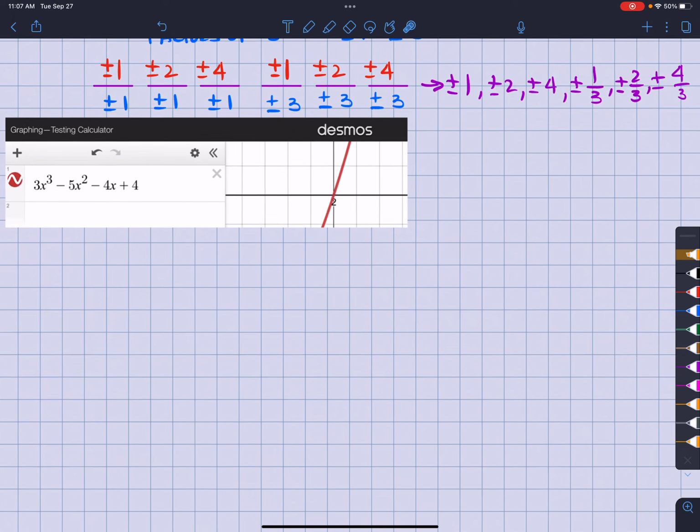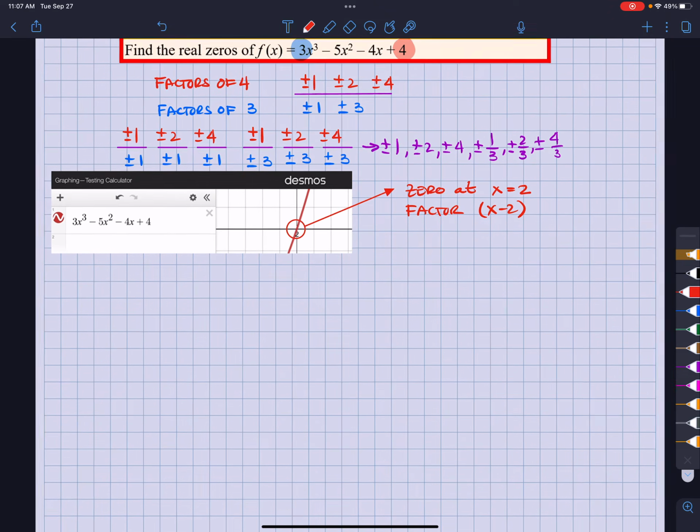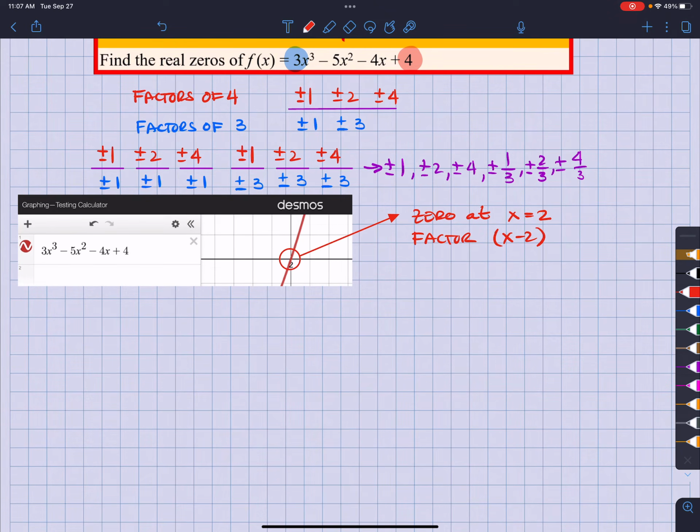So here in the graph, I see a zero at x equals 2. So that means one of my factors is x minus 2. Okay? So once I have that, then what I want to do from there is the long division.